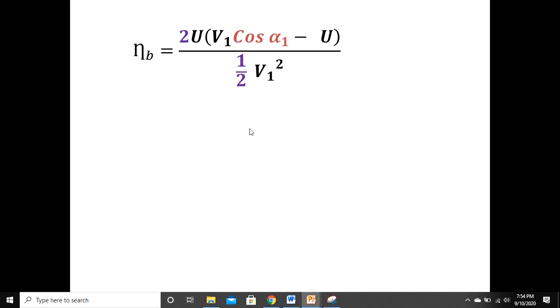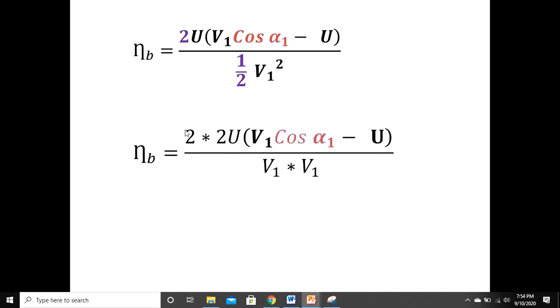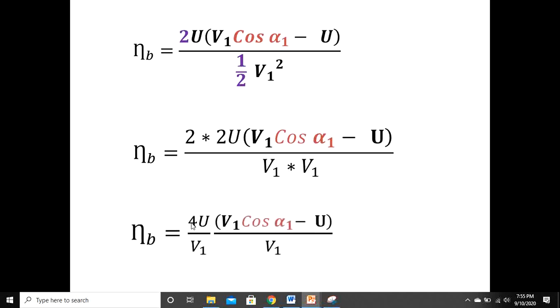See, all the derivations are very easy; only the arrangement is important. So the 2 is gone here as a reciprocal, and then 4U times V1 cos alpha 1 minus U over V1 square. I split V1 square, so 4U divided by V1 times cos alpha 1 minus U divided by V1.